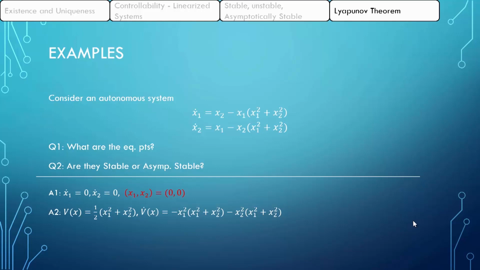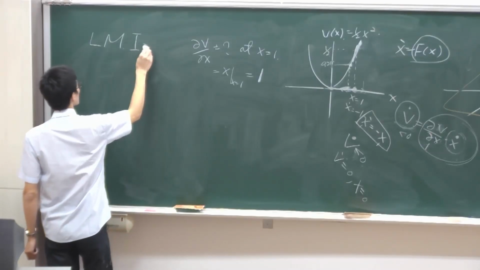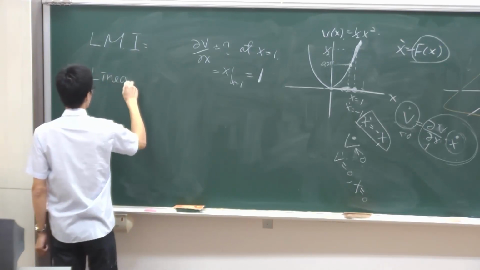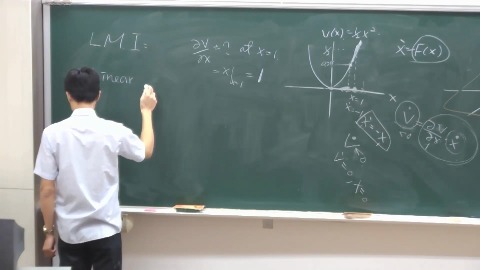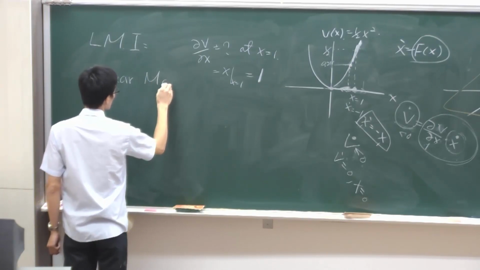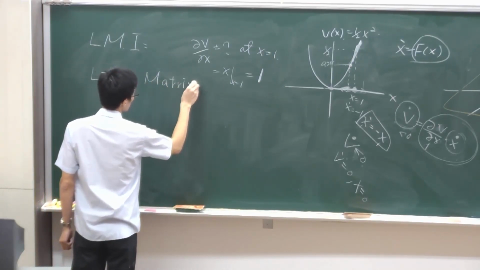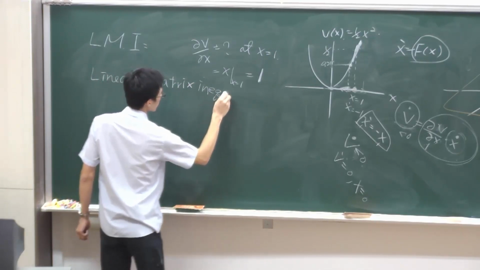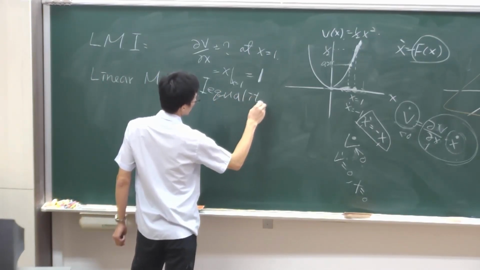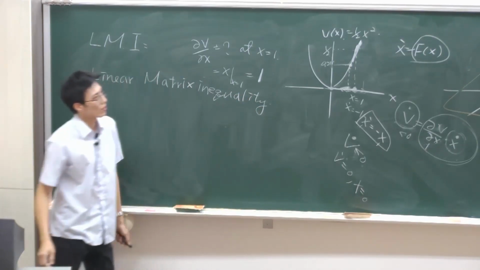If this Lyapunov function doesn't fit, try another Lyapunov function. There is no systematic way to find the Lyapunov function. But if it's a linear system, then you are lucky. You can use LMI, which stands for linear matrix inequality, to find the Lyapunov function.